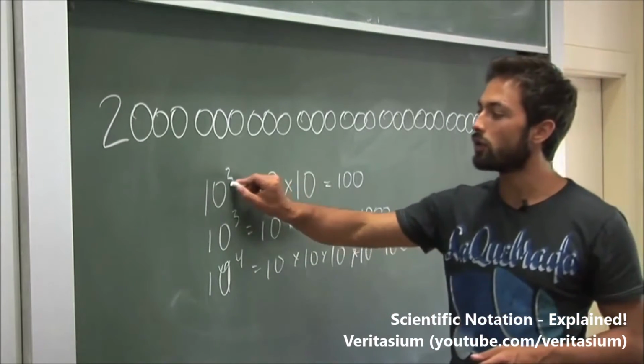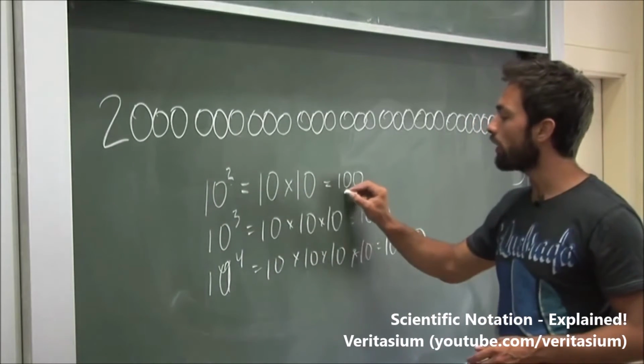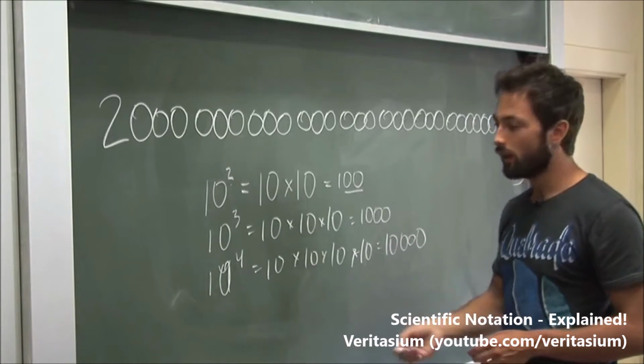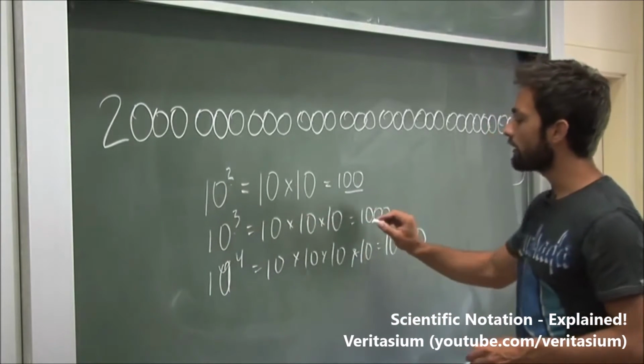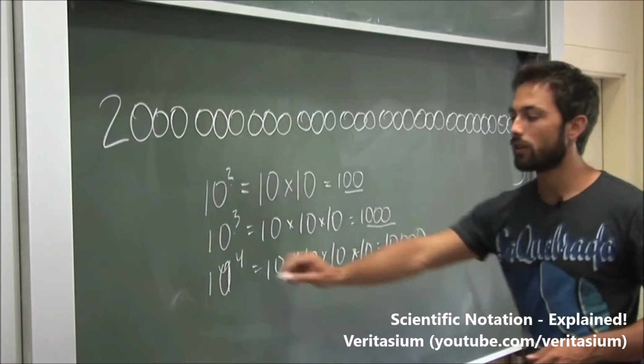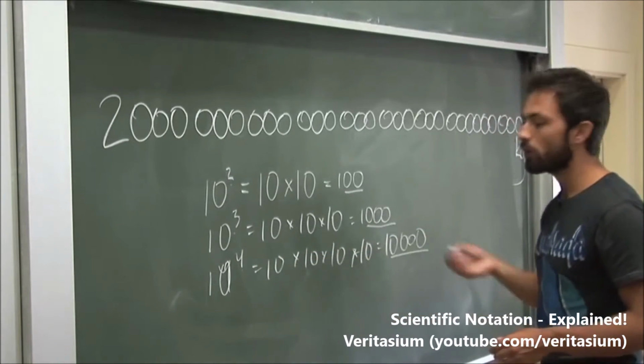When it's 10 to the power of 2, our final answer has a 1 followed by 2 zeros. When it's 10 to the power of 3, a 1 followed by 3 zeros. 10 to the power of 4, again, 4 zeros.